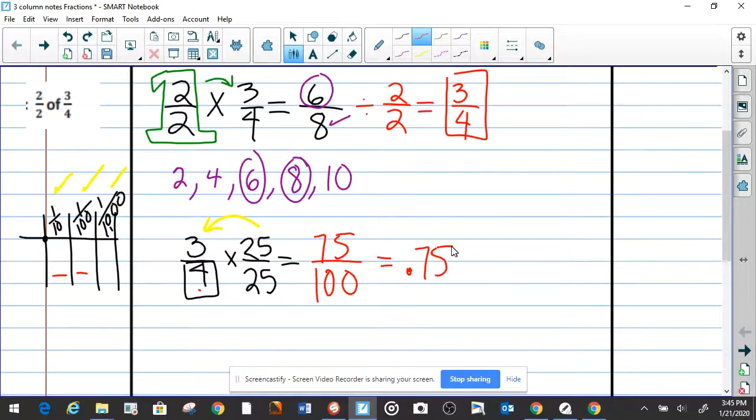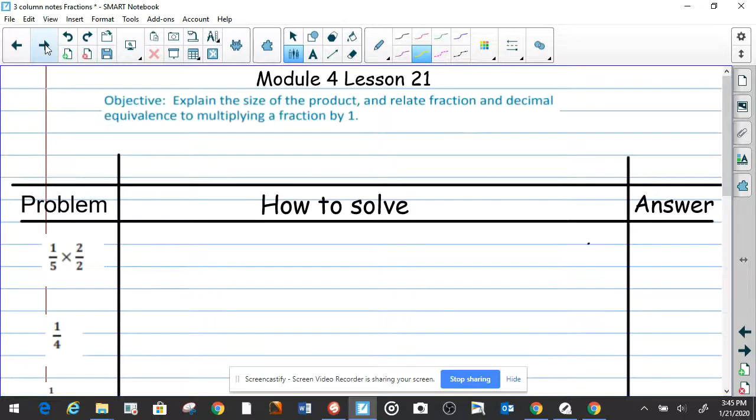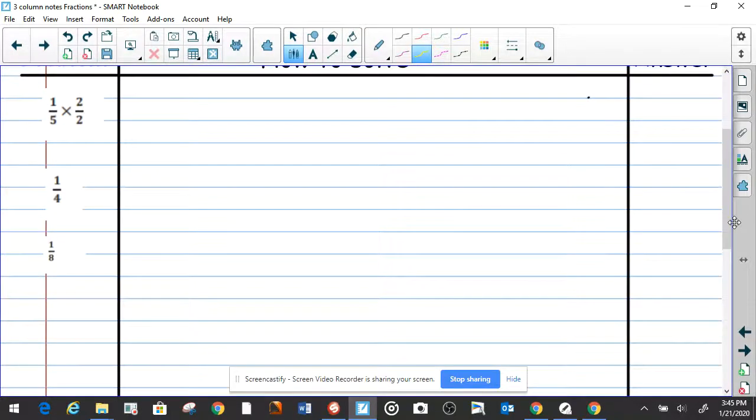So these two numbers, remember, this is a fraction, and this is the decimal, and they both have the same value. All right, let's try a couple more problems. Let me get my black marker. This is 1/5 times this one right here. Remember, this is a 1. We're multiplying by 1, because 2 divided by 2 equals 1.